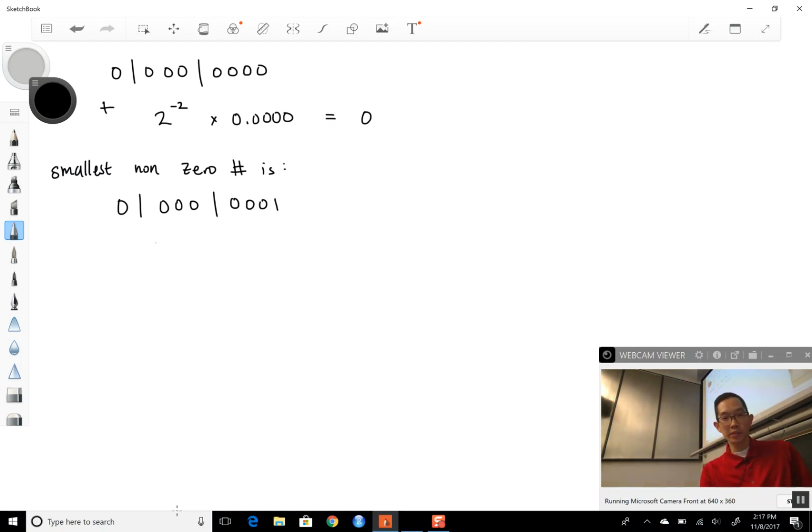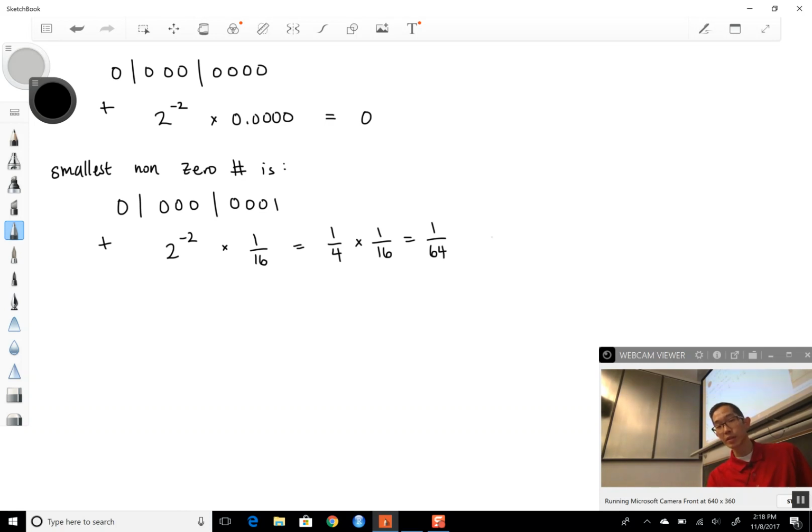Okay, and so this is going to be a positive number times 2 to the negative 2 times basically 1/16. And so here I got 1/4 times 1/16, 1/64.